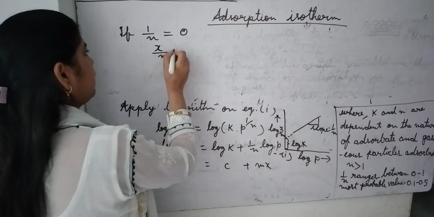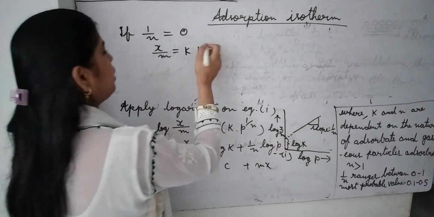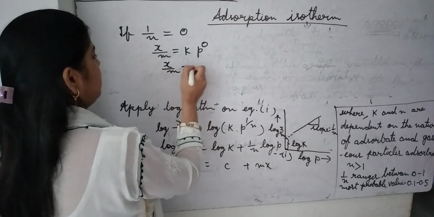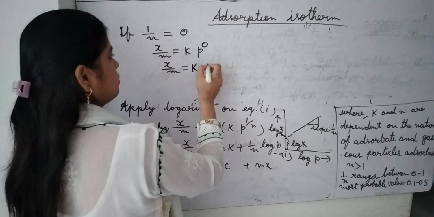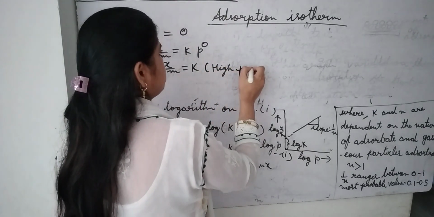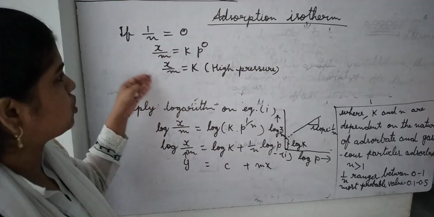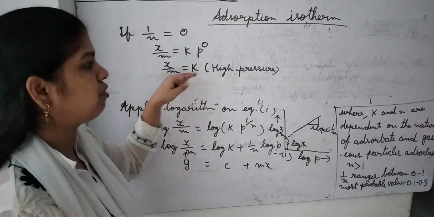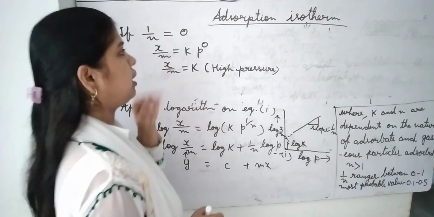So x by m is equal to k p to the power 1 by n, so k p to the power 0. That means x by m is constant. And this condition is observed at high pressure. Freundlich adsorption isotherm explained this equation or this process, but he failed to explain it experimentally.